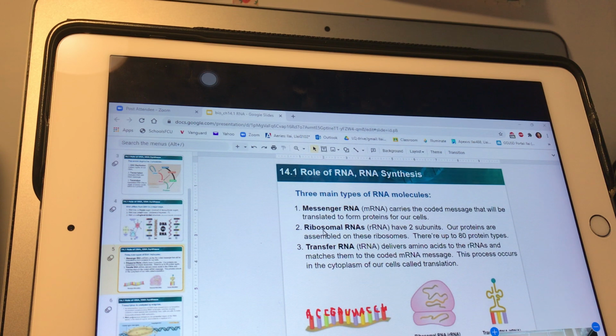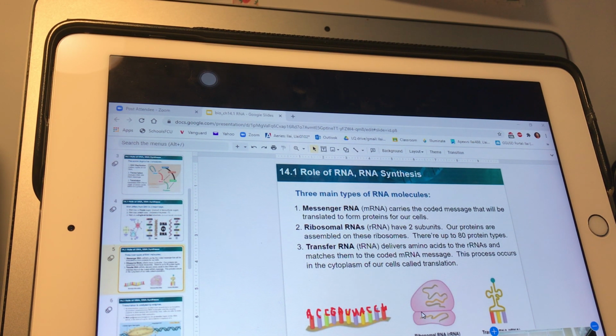Now, what does the ribosomal RNA look like? This is what it looks like. It's composed of two parts, the small subunit and the large subunit. The two subunits grab onto the messenger, like my palms, one, two. And this is the worker.